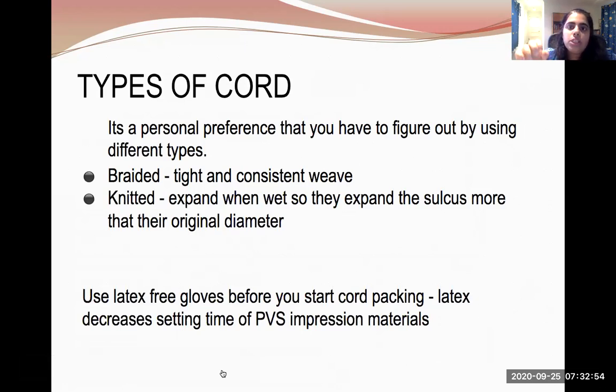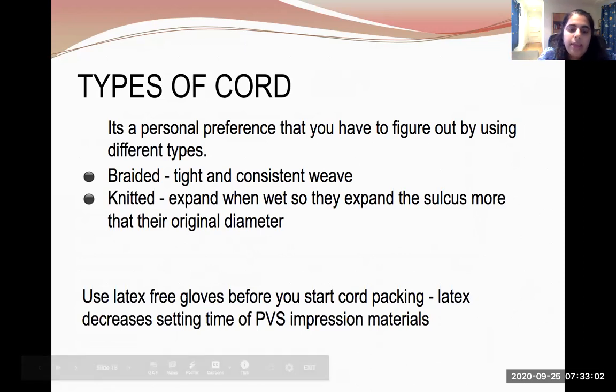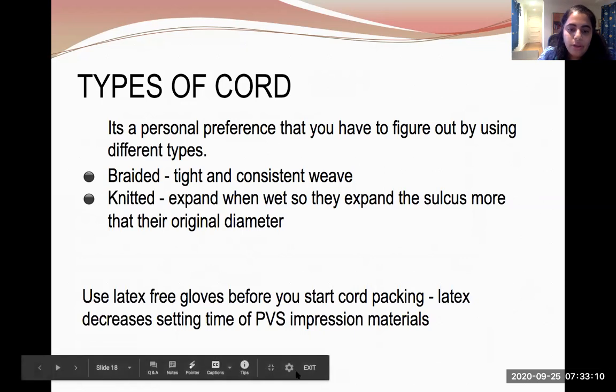Maybe you can pack a smaller cord which is knitted, because it will open the sulcus to a greater diameter than the original diameter of the cord. I think it might be a good indication to use this if you're going to place one cord, so there's a good amount of opening of the sulcus.